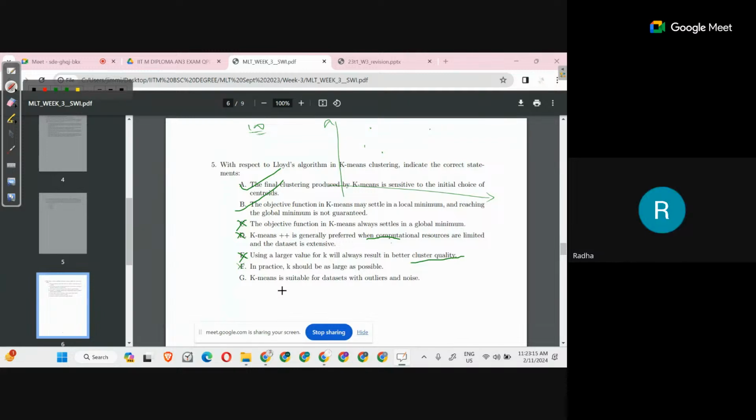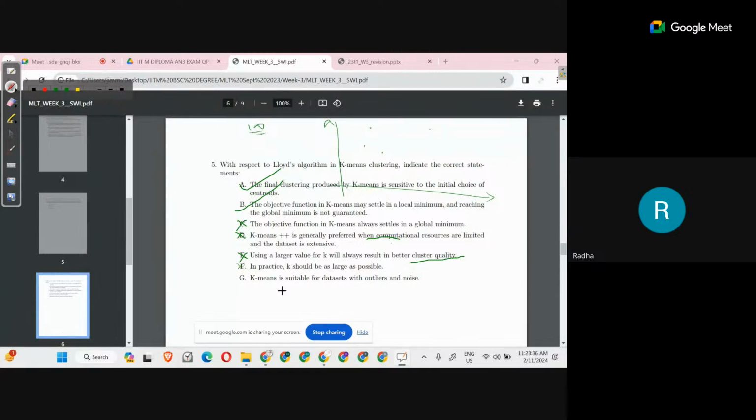Does it say that when compared to a smaller value of K, a larger value of K will always result in better cluster quality?